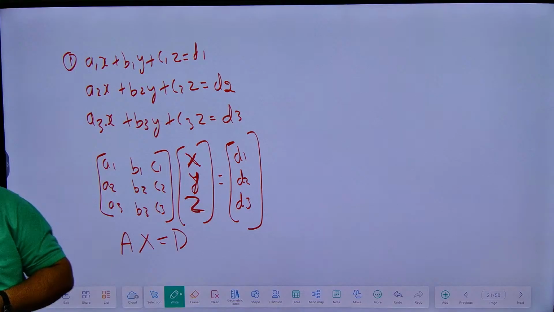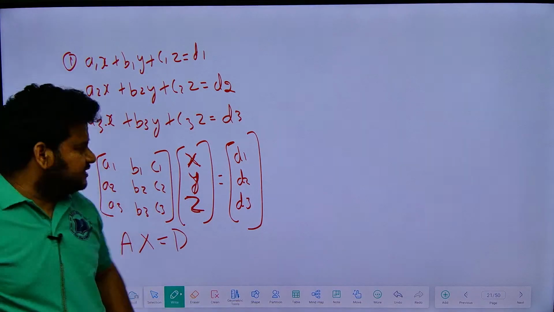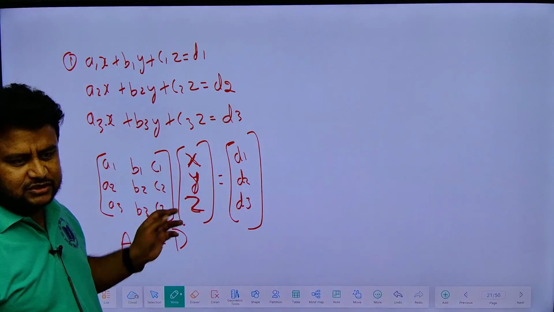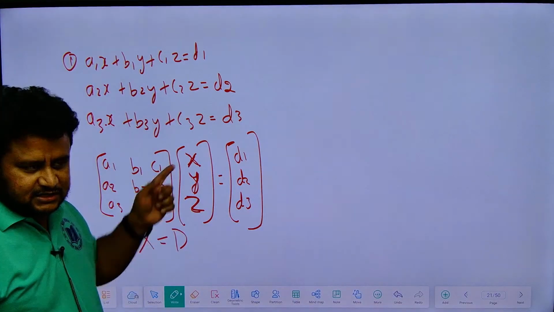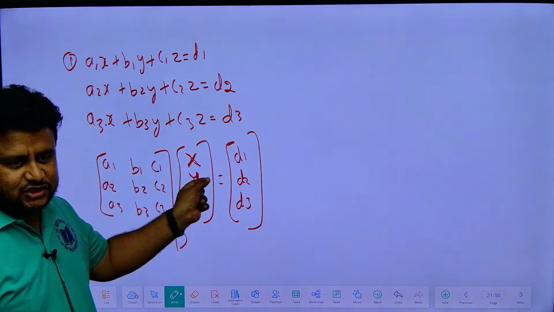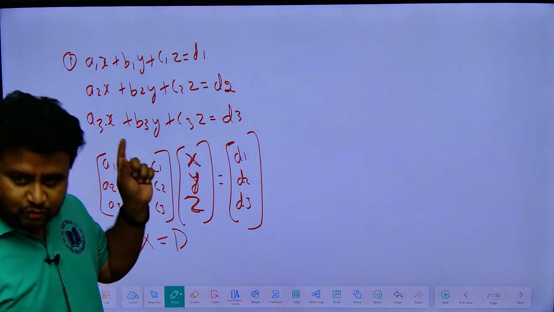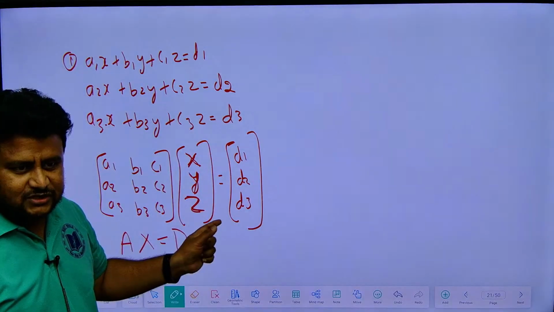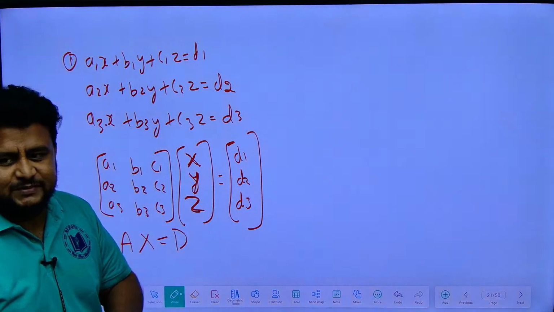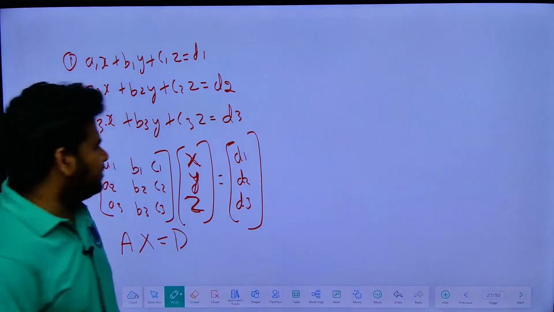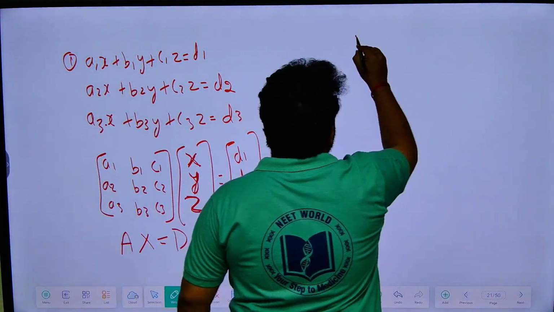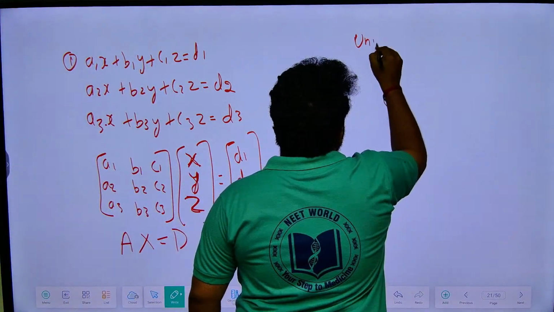Now, in some books you may see finite solutions and infinite solutions. Finite means a limited number of solutions, but here there is only a unique solution: only one solution, or infinitely many solutions, or no solution. Unique solution means there is one and only one solution.